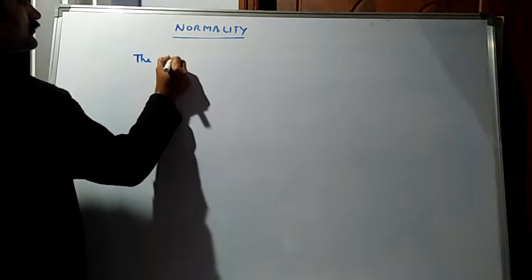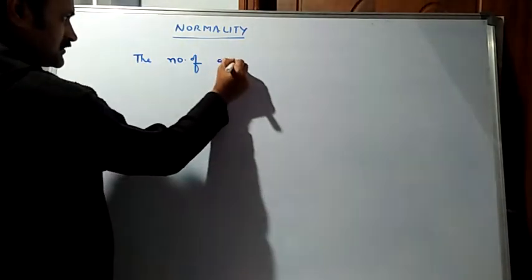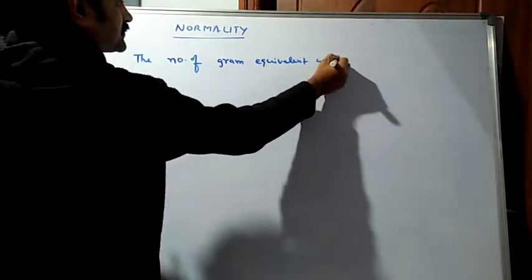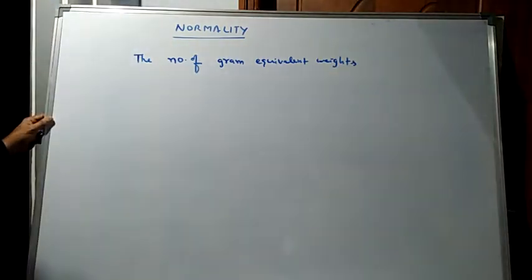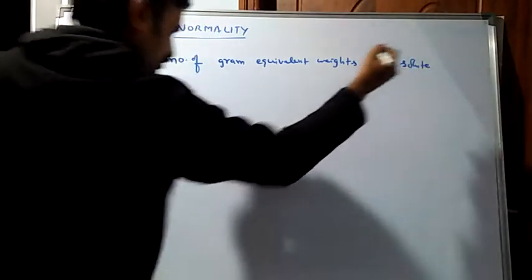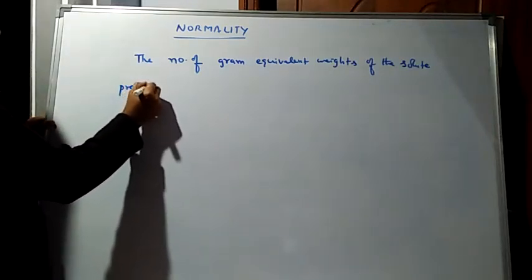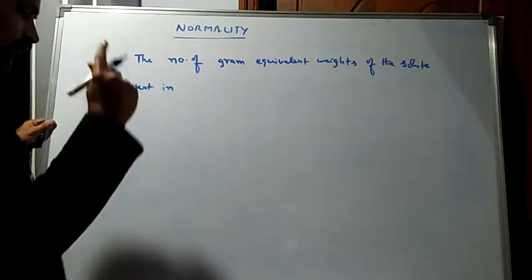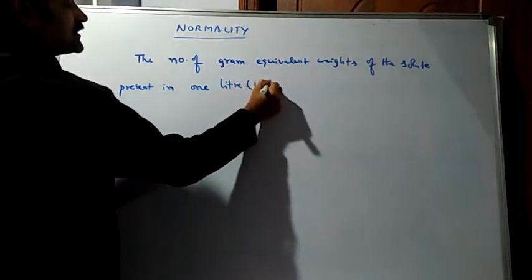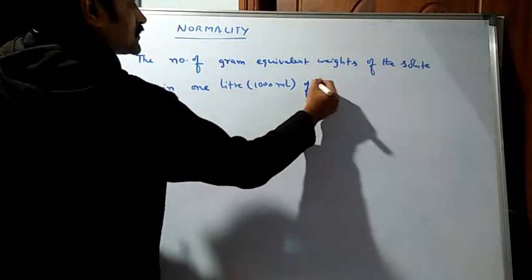The number of gram equivalent weights of the solute present in 1 liter of the solution. 1 liter is 1000 ml.